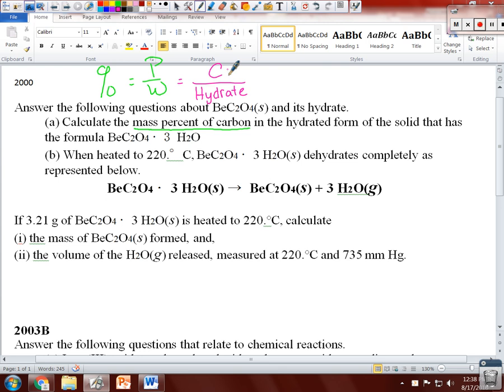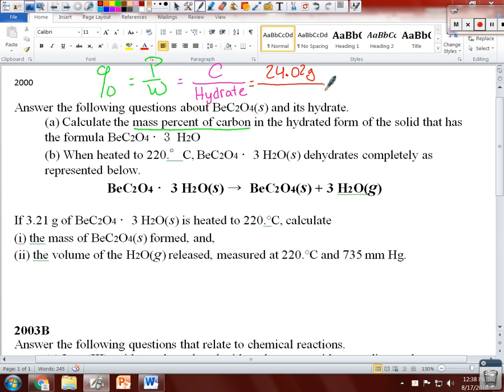Say it again. Fantastic. Watch. You're wrong. You said 14. That's wrong. There are 2 carbons, and every 1 carbon is how much? So we know that this is 24.02 grams of carbon.